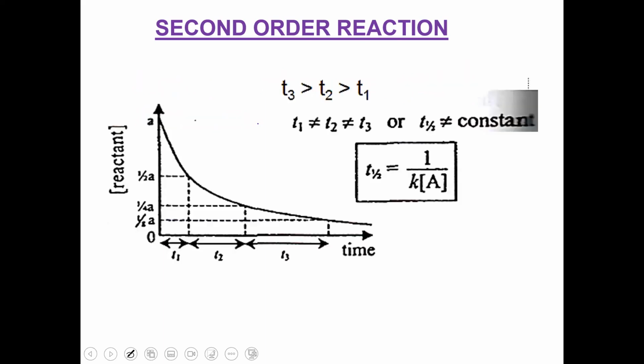Now, this is a version here. The formula is T half is equal to 1 upon Ka.